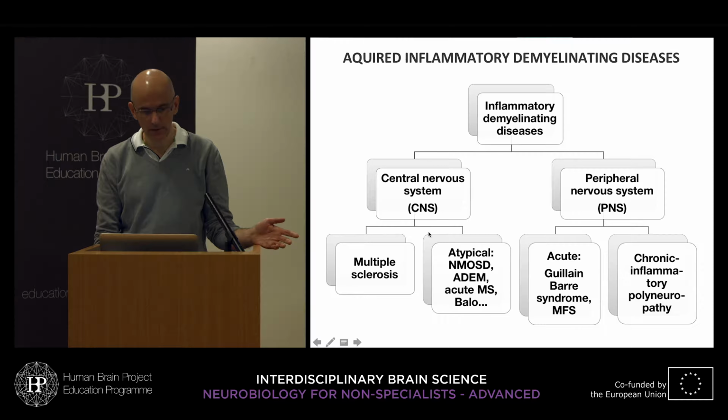In the central nervous system, the most frequent one is multiple sclerosis, but there are also atypical rare forms like NMO spectrum disorders, ADEM, acute multiple sclerosis, Baló's sclerosis, and others. In the peripheral nervous system, we have an acute form, Guillain-Barré syndrome, with its specific form, Miller-Fisher syndrome, and the chronic inflammatory polyneuropathy form.